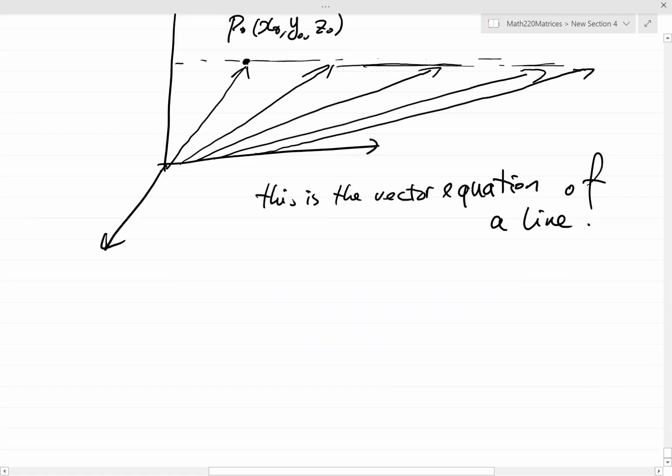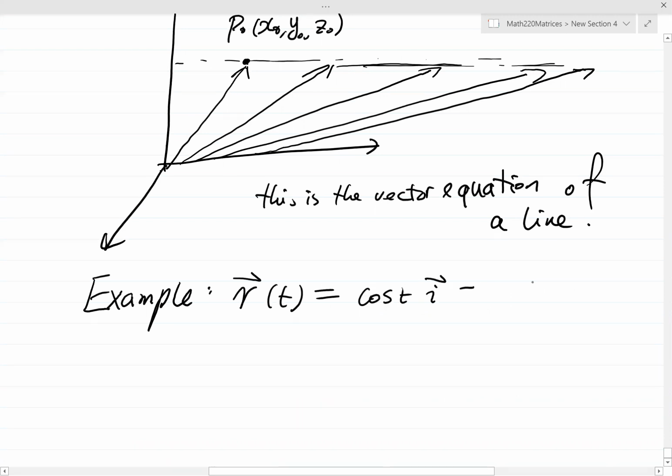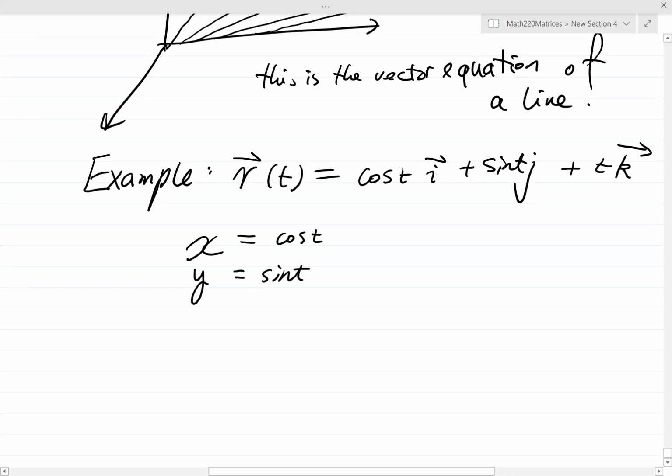Okay, more examples. r(t) is cosine t i, sine t j, t k. Component-wise, x is cosine t, y is sine t, and z is t.